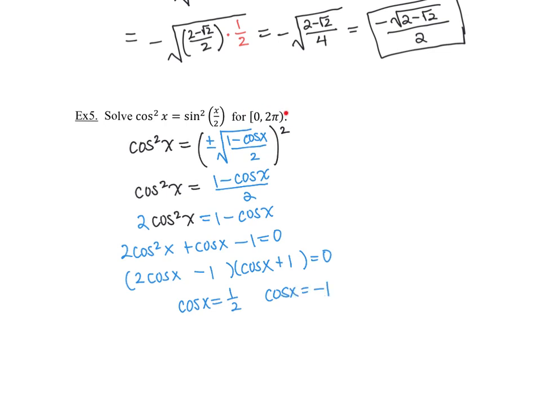I am restricted to 0 to 2 pi for x, so I'm just going to list the answers that are between 0 and 2 pi. The cosine of x is 1/2 at pi over 3 and 5 pi over 3. And then the cosine is equal to negative 1 at pi. So those are the three answers that occur from 0 to 2 pi.